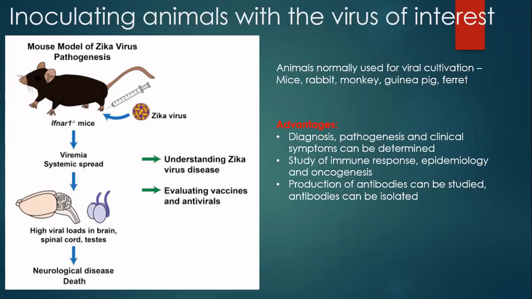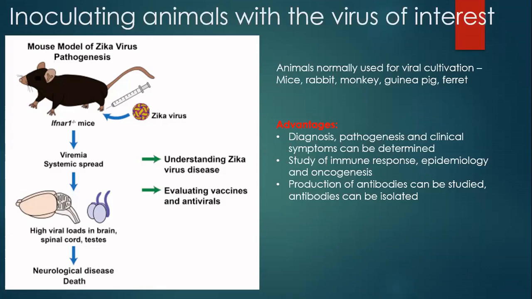Now here you can see a diagram of a mouse which is being inoculated with a Zika virus. This Zika is actually a mosquito-borne virus. It's transmitted through Aedes mosquito.